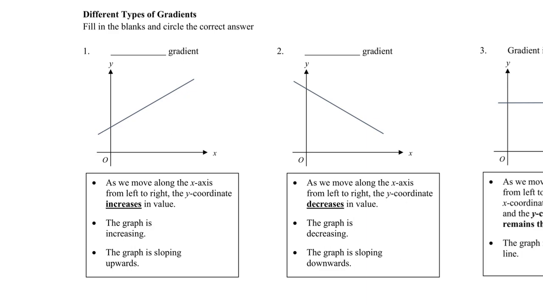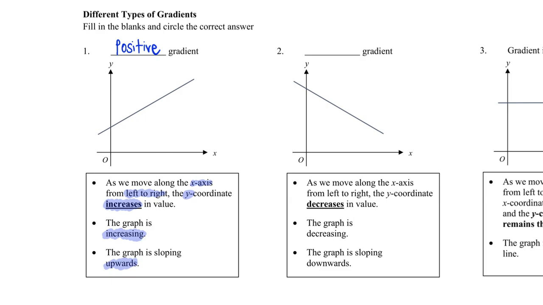The first one is a positive gradient, and the property we are interested in is that as we move along the x-axis from left to right, the y coordinate increases in value. So we say that this graph is increasing and sloping upwards.